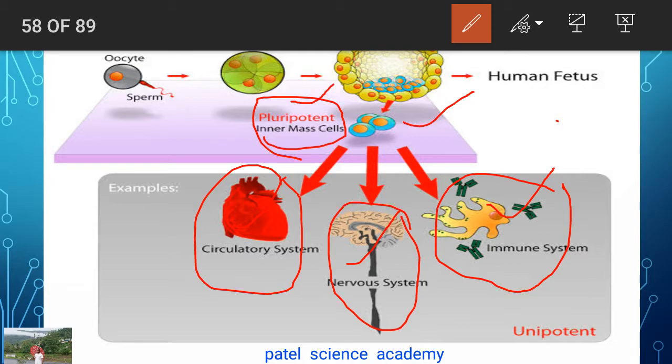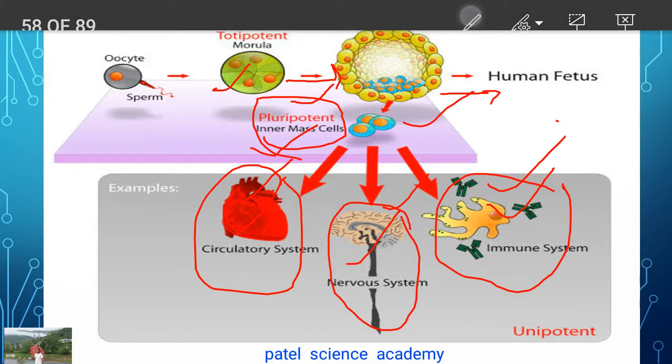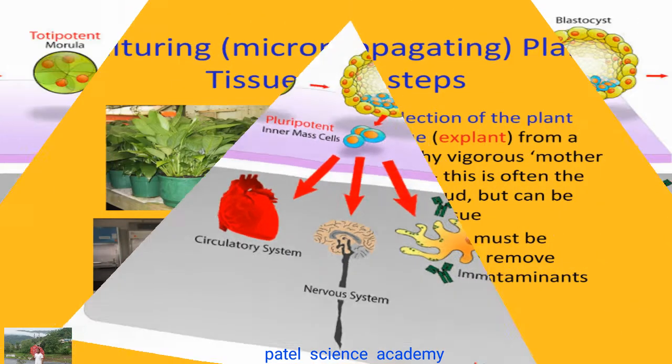That's why it is called pluripotent. And this morula has totipotent characteristics, meaning it can convert into this structure too, and then it will become the human being.